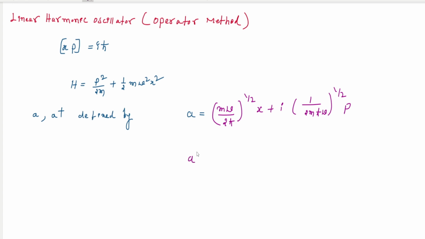In a similar manner, A dagger I'm going to define like this: (m omega divided by 2h cross) whole power 1 divided by 2 into x minus i (1 divided by 2m h cross omega) whole power 1 divided by 2 into p.